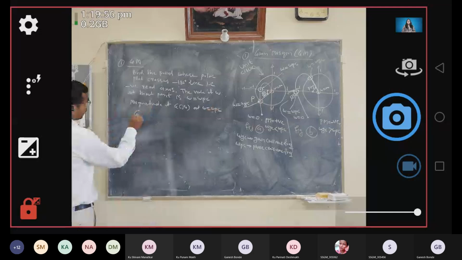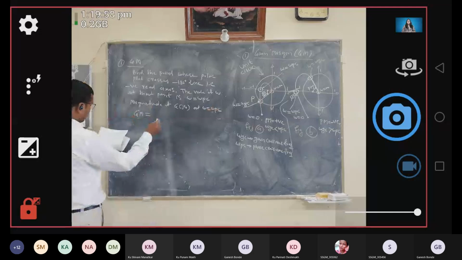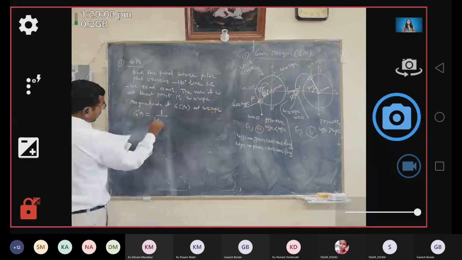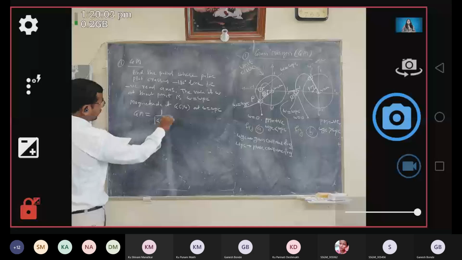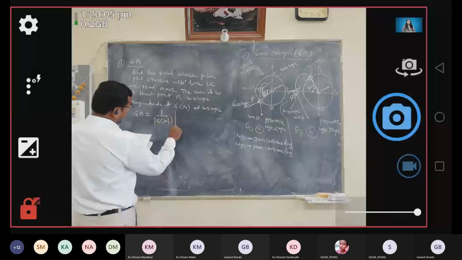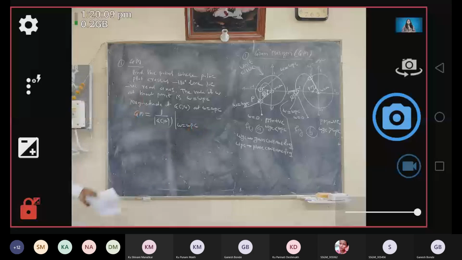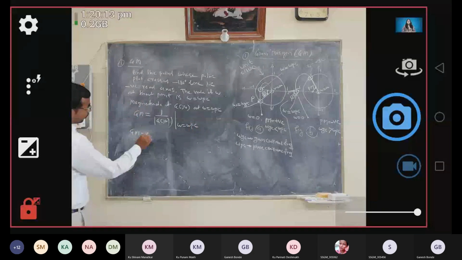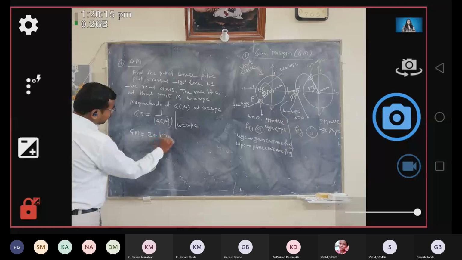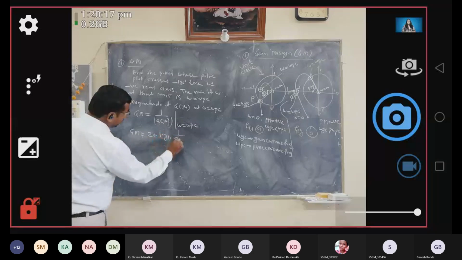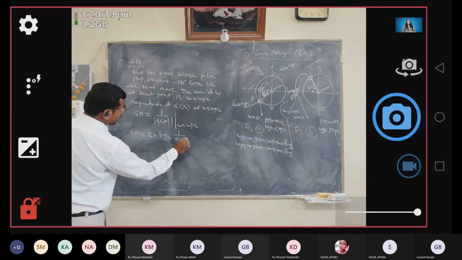So gain margin is equal to 1 upon the magnitude of G(j omega) at omega equal to omega PC. Sometimes gain margin is given in decibels, so it will be given by 20 log 10 of 1 upon |G(j omega)|.